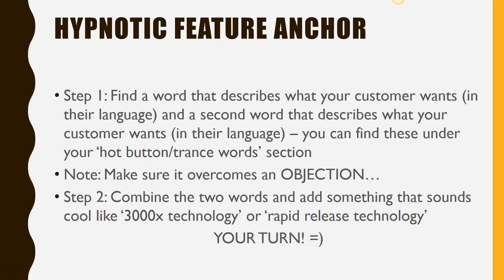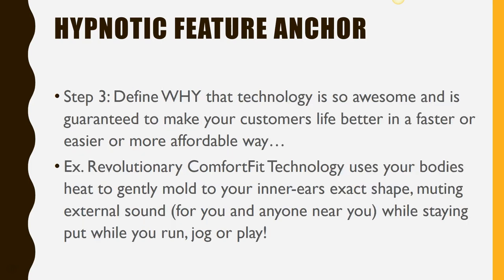So you would say like BioPure rapid release technology, right? You would say zero heat purity, zero heat bioavailability rapid release technology. That's a mouthful, but you could do that, and that actually works in the nutraceutical field, in the supplements field. And then you need to define why that technology is awesome.